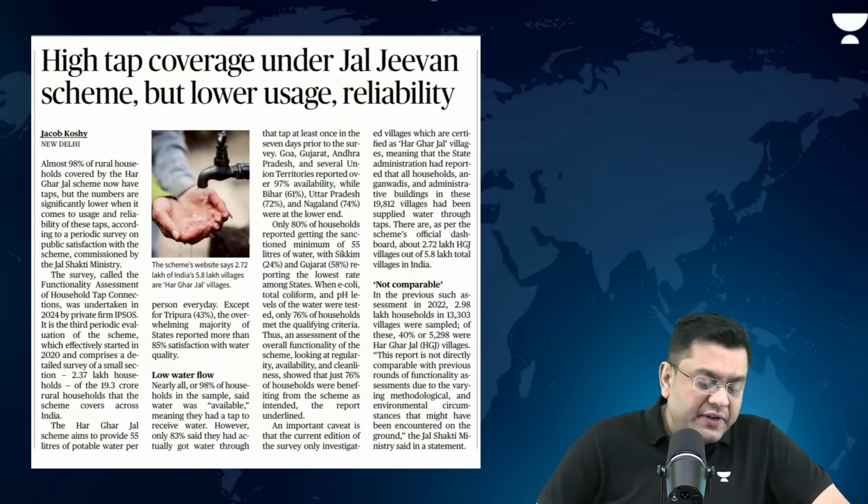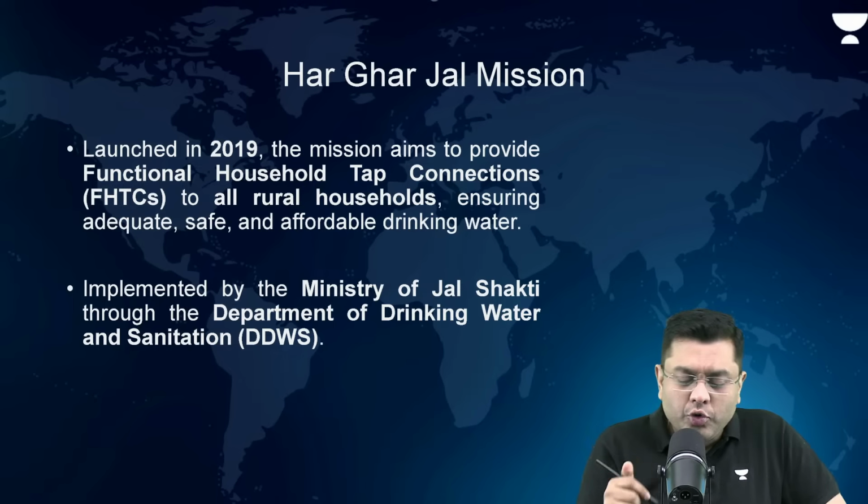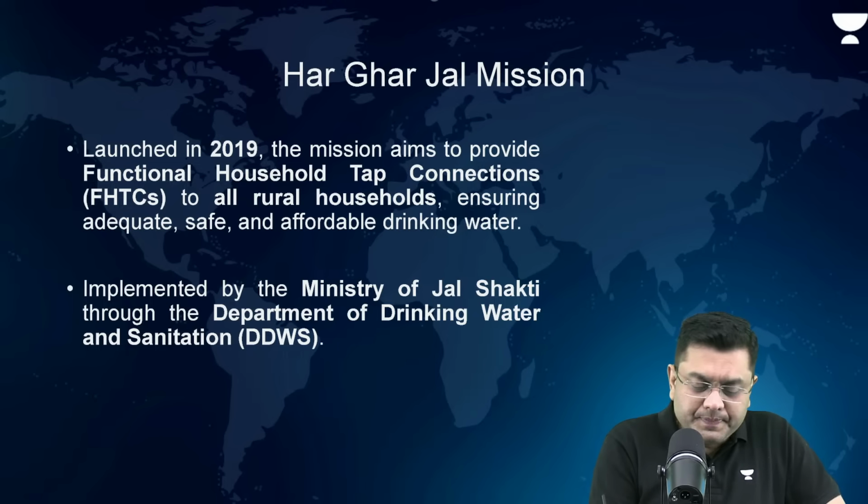So the water is unsafe in many of the areas, and you don't have adequate reliable supply also in many of the regions. So that is basically the result of the survey. You don't need to learn the survey, you don't need to memorize this survey, you don't need to have the detailed outlook. You need to look into what is the Har Ghar Jal mission.